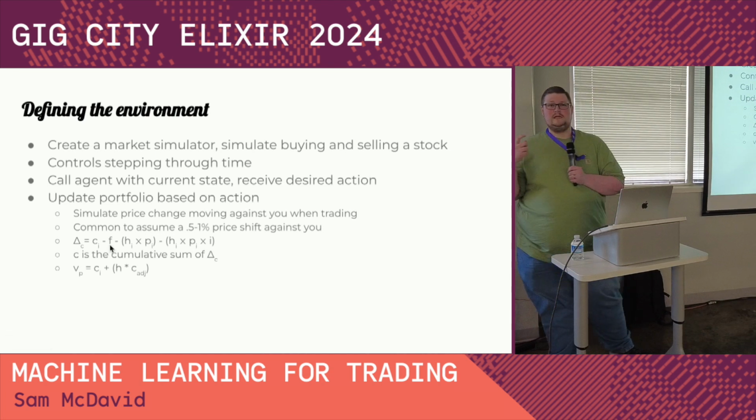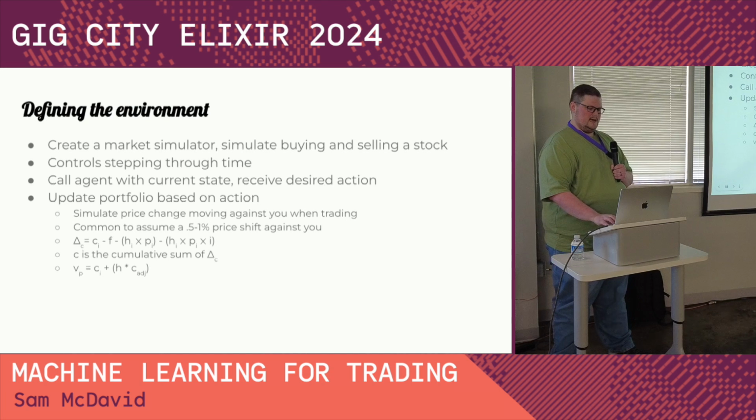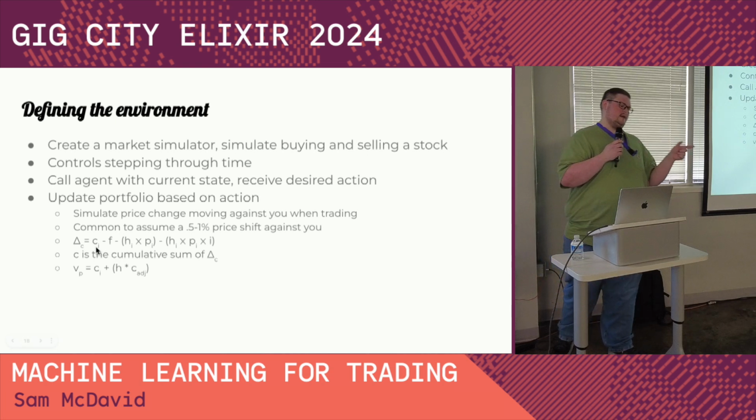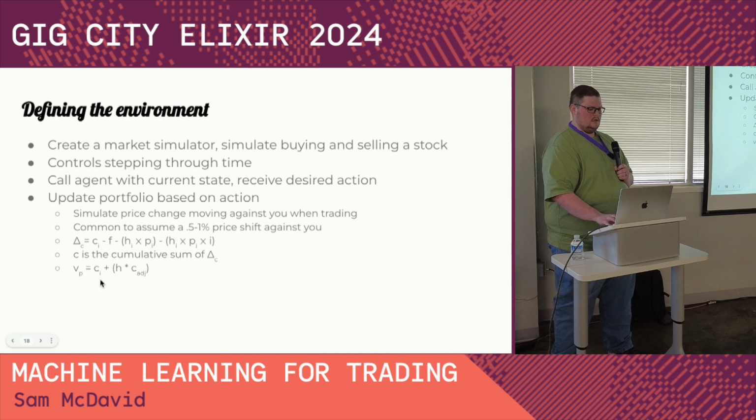F is going to be your fees for trading. This is usually like $9.95 if you're using Robinhood or E-Trade or something like that. And then C sub i is your current cash, because we have to keep track of our portfolio, and our portfolio value is cash plus holdings times the adjusted close.